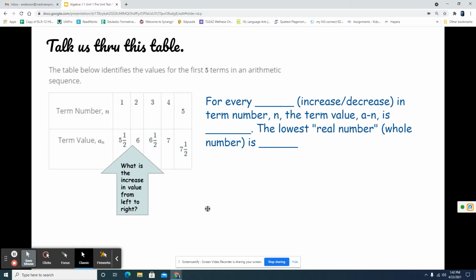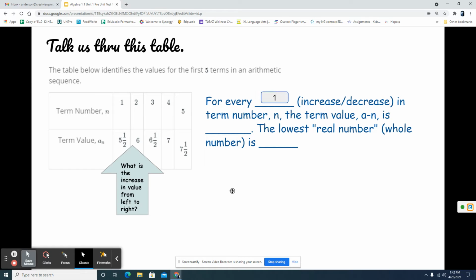So we're going to talk through this table. The table below identifies the values for the first 5 terms in an arithmetic sequence. Our term number is 1, 2, 3, 4, 5. Term number is increasing by 1. The term value starts at 5 and then goes 5.5, 6, 6.5, 7, 7.5. What is the increase in value from left to right? Here it's 1, here it's a half.